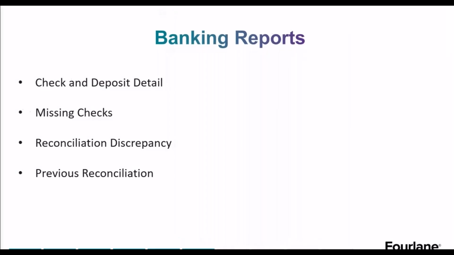So there are a few things when we're talking about banking where we can look to see the information that's input into QuickBooks. We've got some check and deposit detail reports, a missing checks report, reconciliation discrepancy, which relates to what we were just talking through if we force a reconciliation through, and then previous reconciliations.